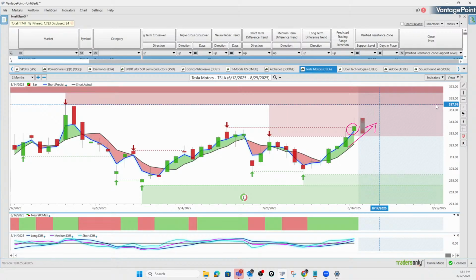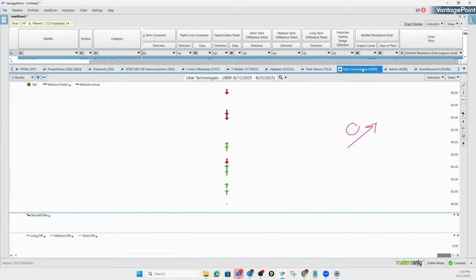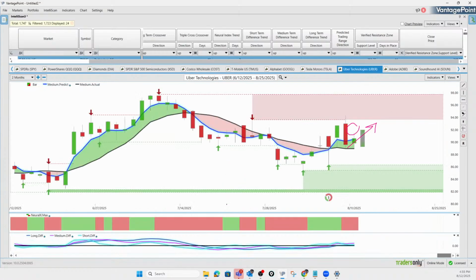I think we called that one right. I'm not surprised anymore when VantagePoint tells the markets exactly what they should be doing for the next day, right? So I'm just kidding. Markets are going to do what they're going to do, right? There's always risk, but have a guide, right? Don't trade blindly. Use the predictive data to give yourself an advantage, right?